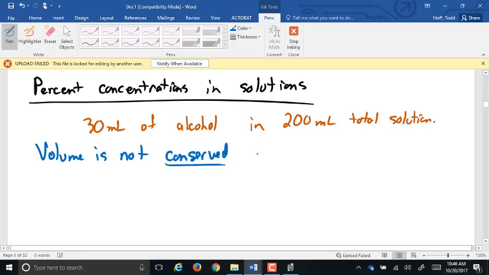I'll talk about what that word conserved means in just a second. In solutions, volume's not conserved.